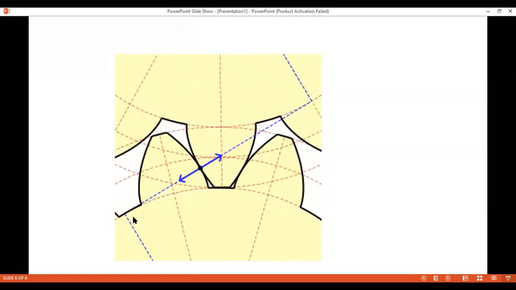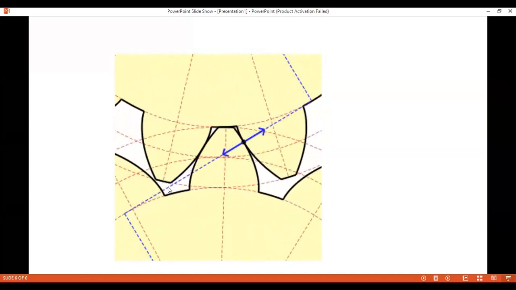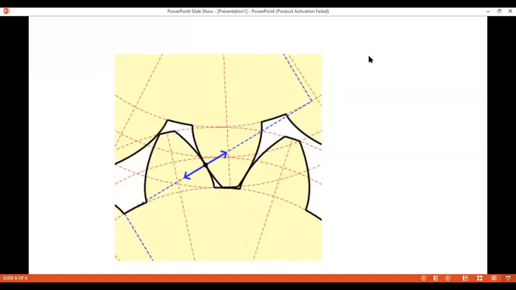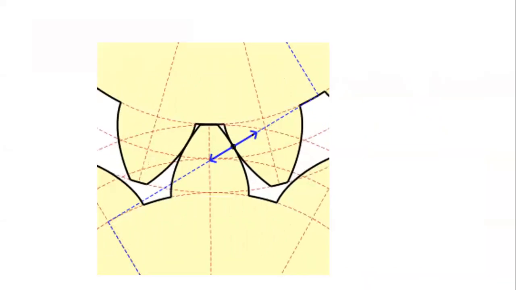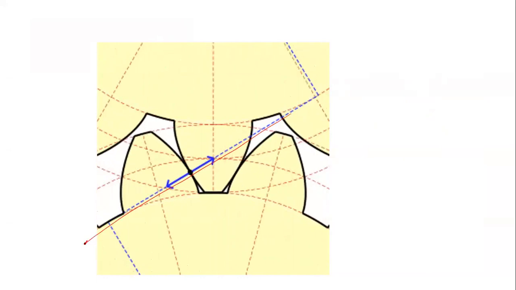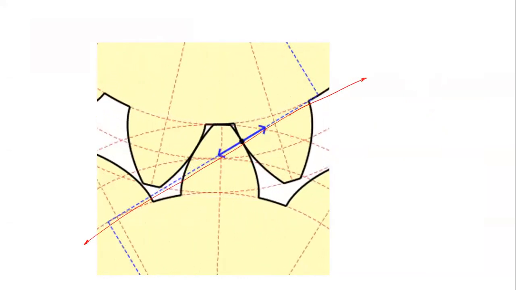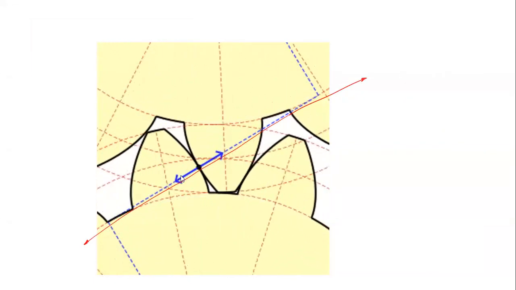Can you see the mouse pointer? Okay, here, can you see this line? The blue line? Yes, sir. Okay, and here there is a black point, that is a point of contact.